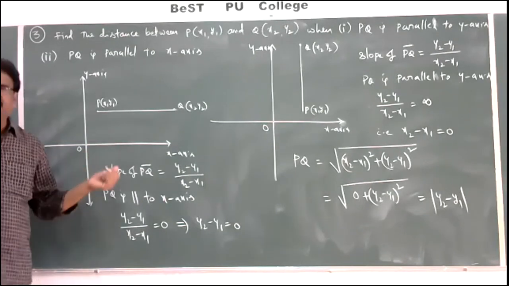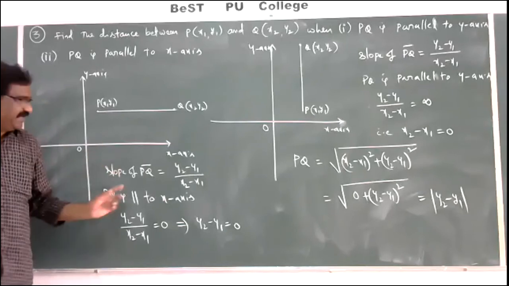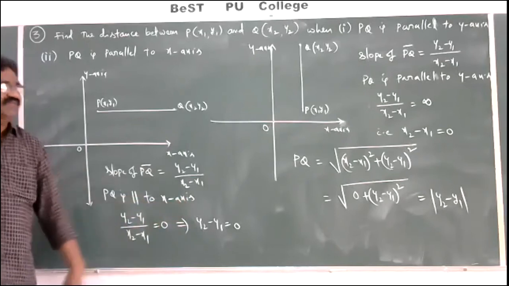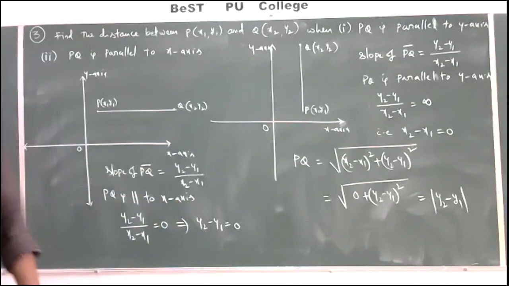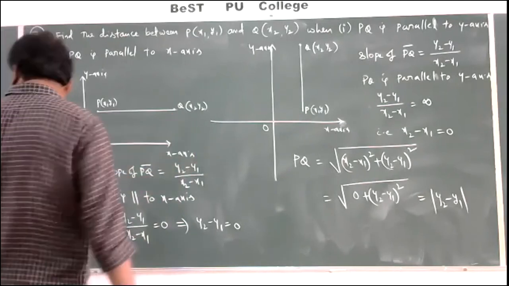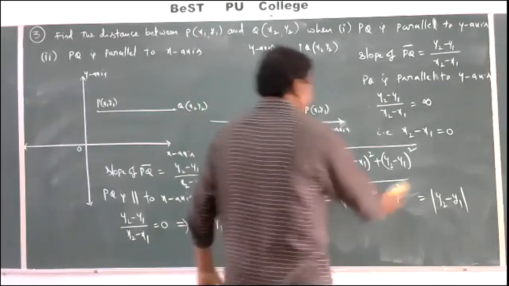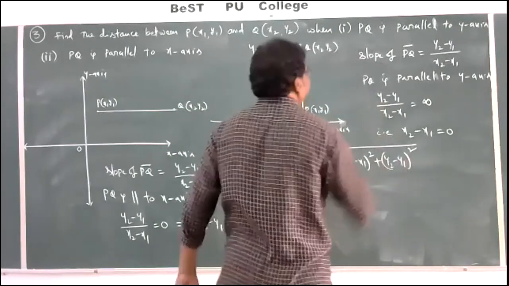What is the slope of the x-axis? 0. You make it equal to this, then you get y2 minus y1 is equal to 0. Then apply the distance formula: PQ is equal to root of (x2 minus x1) whole square plus (y2 minus y1) whole square.